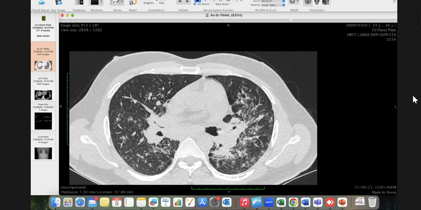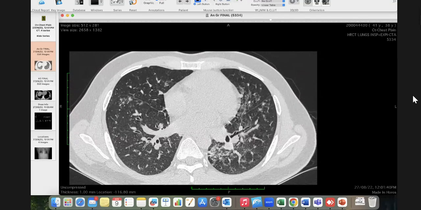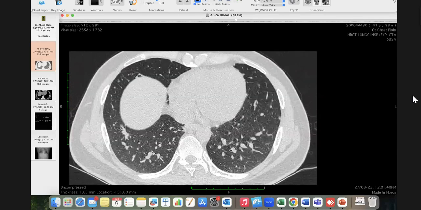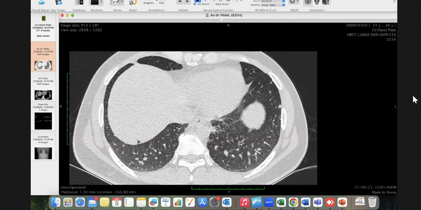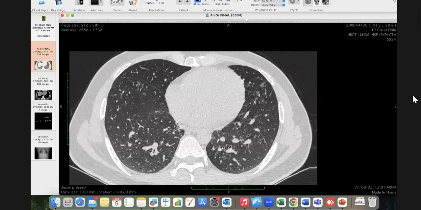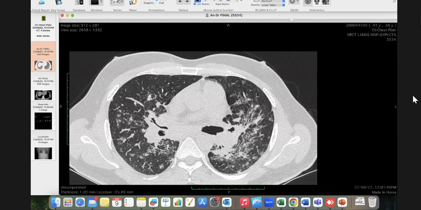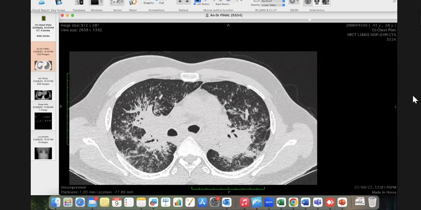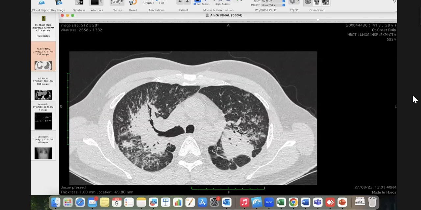This is the other spectrum of sarcoidosis. Believe me, it cannot be anything else. You don't think in terms of tuberculosis with such kind of extensive disease. Of course, that will be in the differential, but you could be almost sure that this is sarcoidosis.